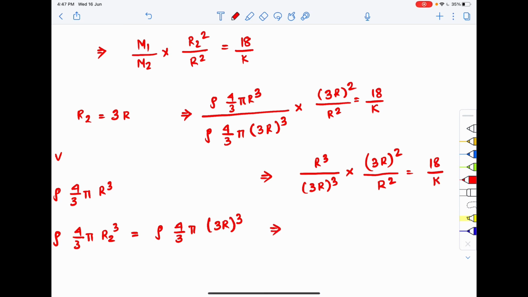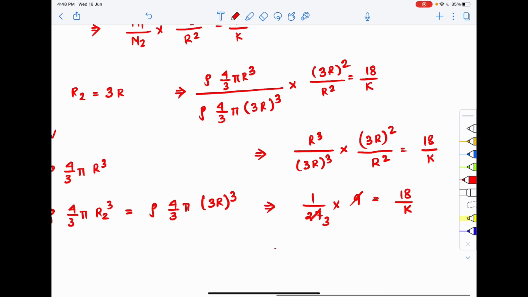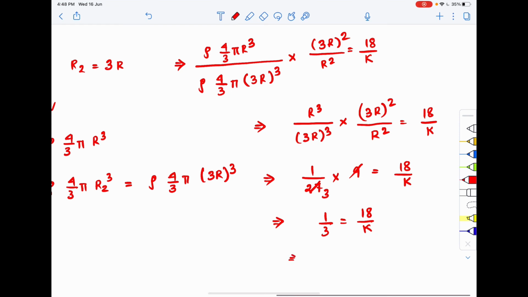If I solve this, this will be equal to 1 by 27, and this will be equal to 9, so this will be equal to 18 divided by k. If I cancel this, it will be 1 by 3, so 1 by 3 equals 18 divided by k. From here, basic arithmetic, k comes out to be 18 into 3.